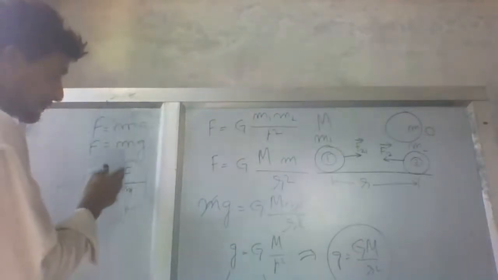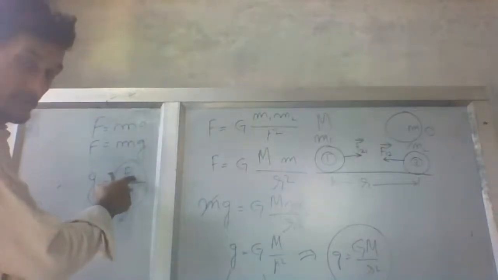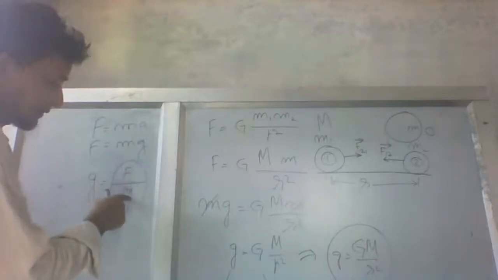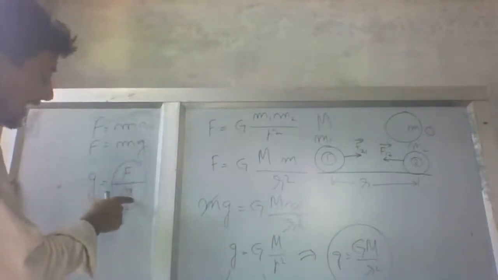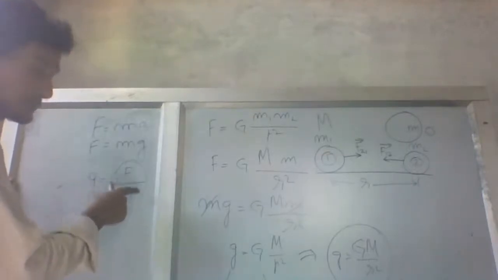Why strength? Because force is called strength. As your body has mass, this is force upon mass, and these are related with gravity. So this is gravitational force strength.